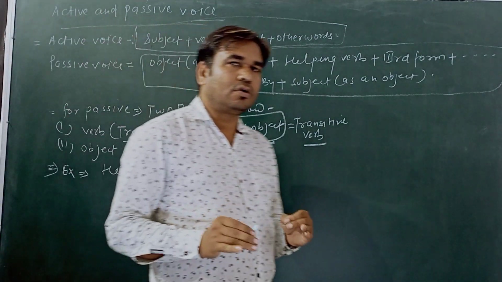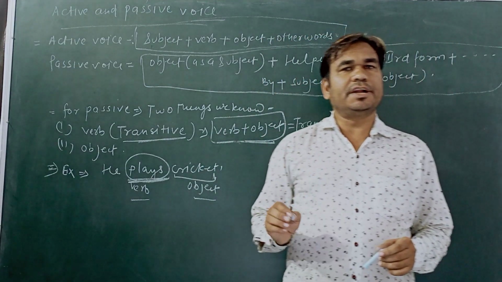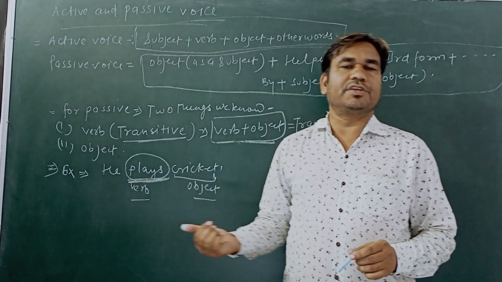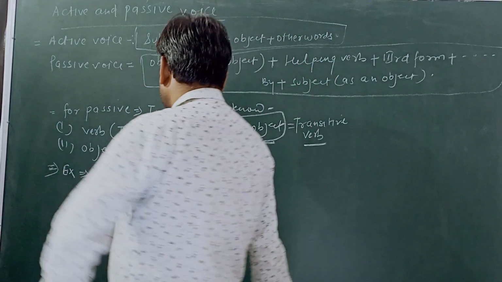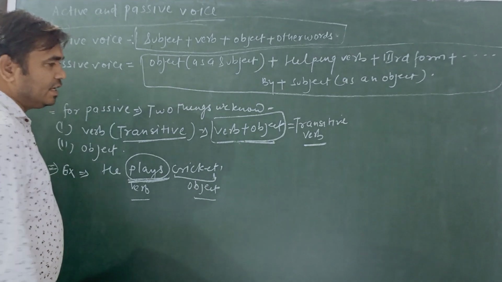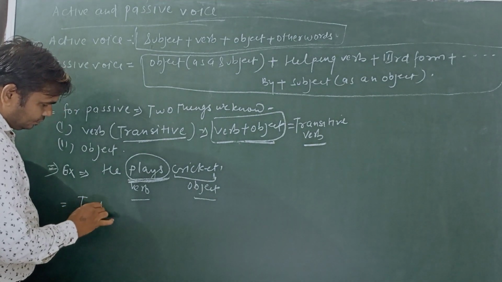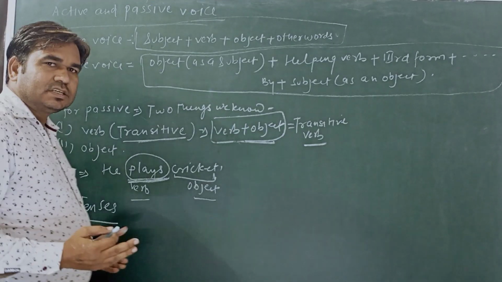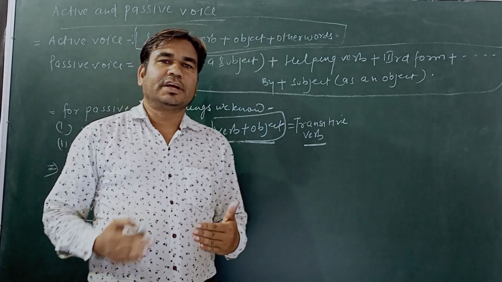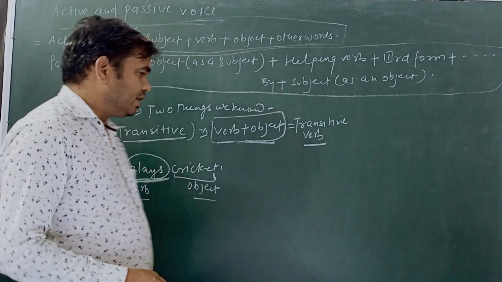We have to talk about a very simple method of converting active voice into passive voice. So let me see the total tenses here. You know there are 12 tenses, and we have to categorize them into three parts here.